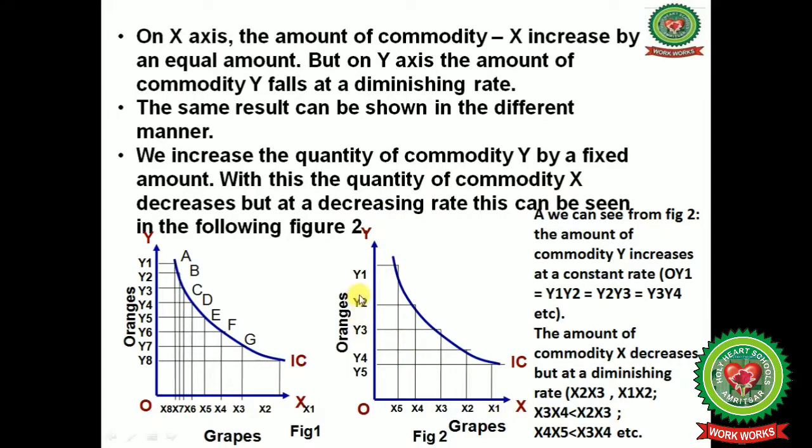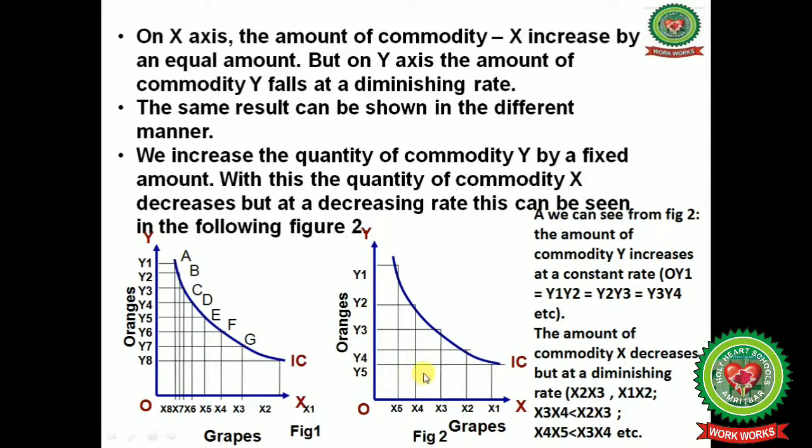As we can see from figure 2, the amount of commodity Y increases at a constant rate, that is OY1, then Y1Y2 equals Y2Y3, which equals Y3Y4 and so on.